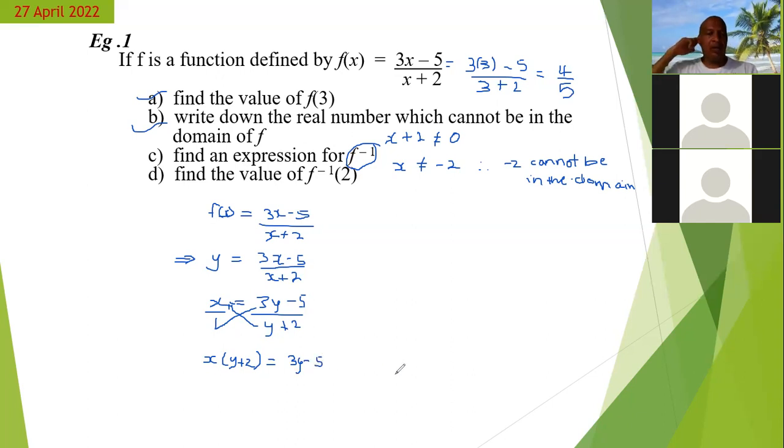All right, so how can we get these y's together? So for the left-hand side, we want to expand the bracket, remove the y from the bracket by multiplying it out by x. So we are going to get x times y, give you xy, plus x times 2 will give you 2x.